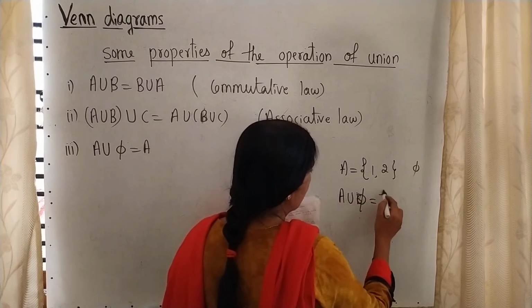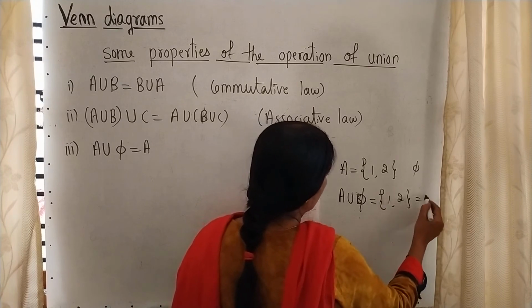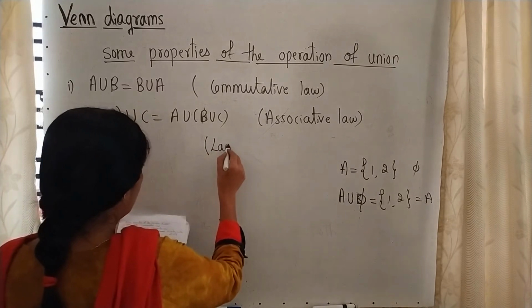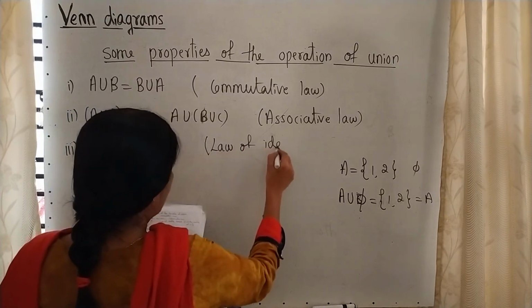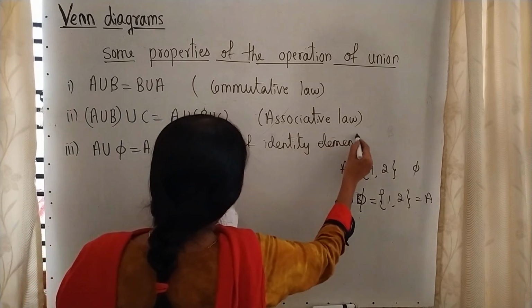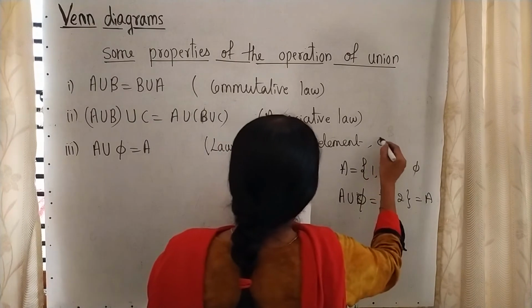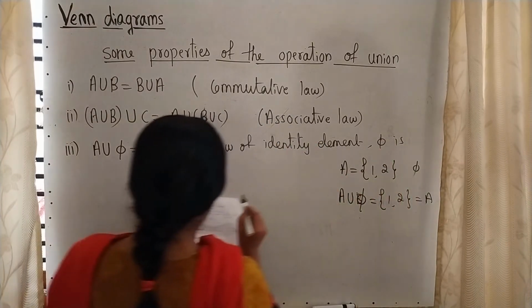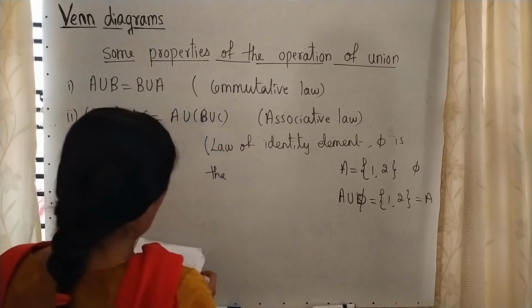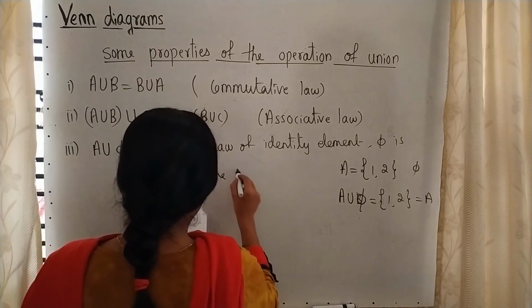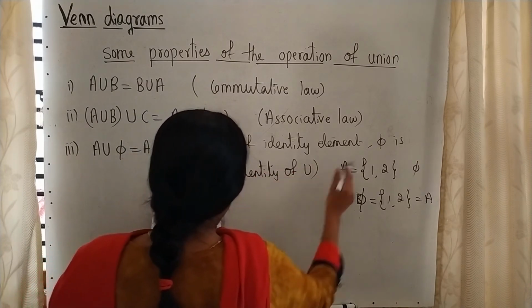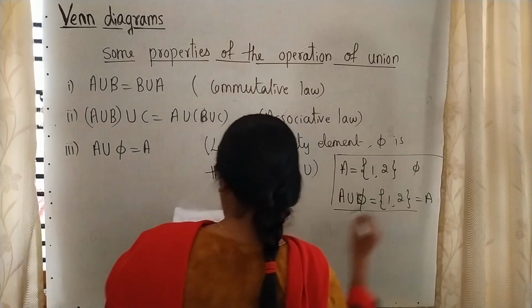A union null set is nothing but the same 1, 2, that is nothing but A itself, and it is called law of identity element, and null set is the identity of union. Identity of union. This is the example.